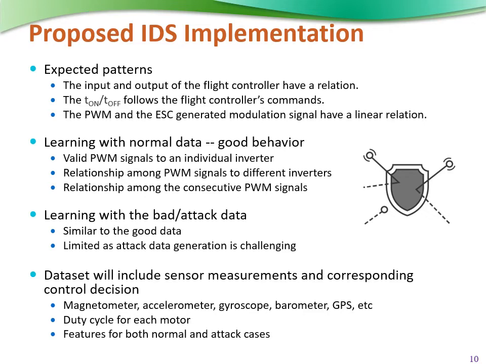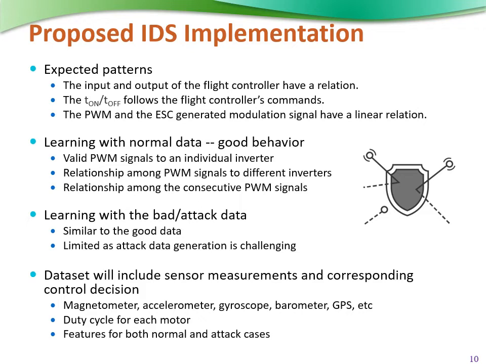Implementing many scenarios is very expensive and time consuming, so we will not be able to collect as much data as we can for the good behavior, that is just normal behavior and easy to collect. Our data set will include sensor measurements and corresponding control decisions.